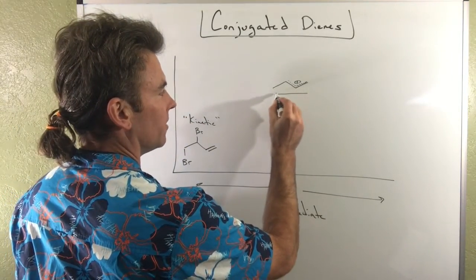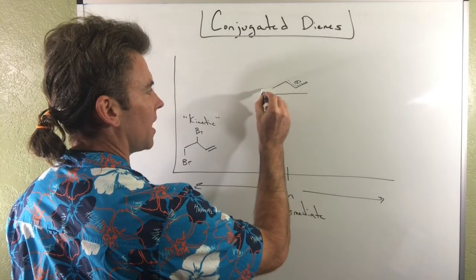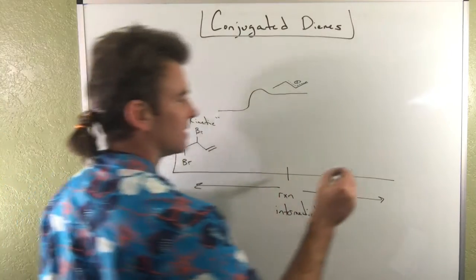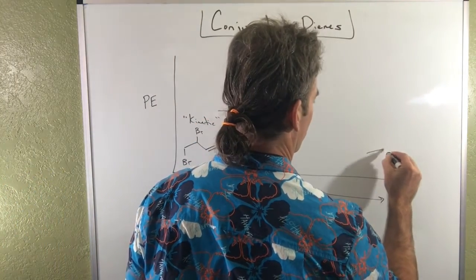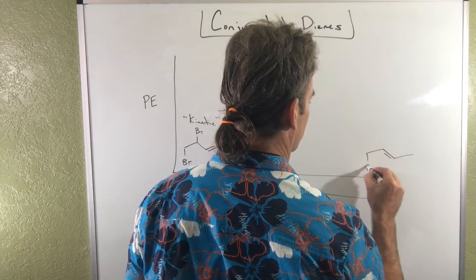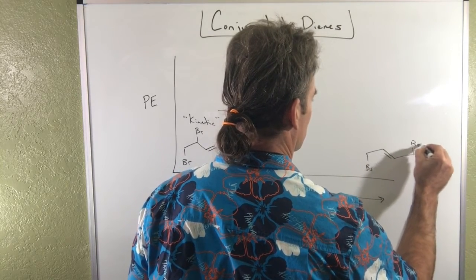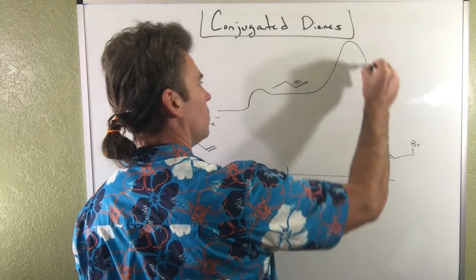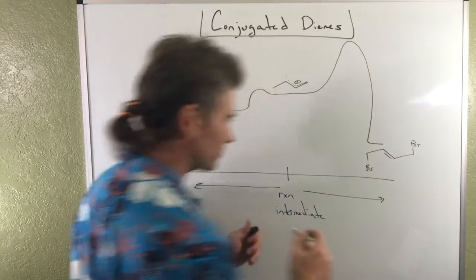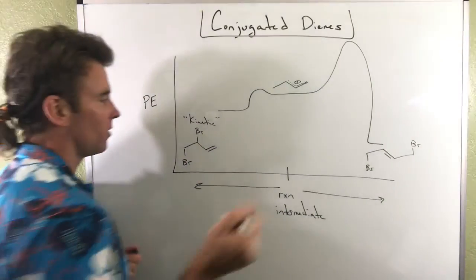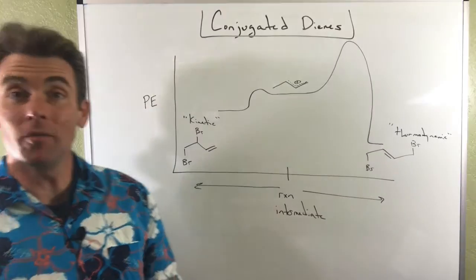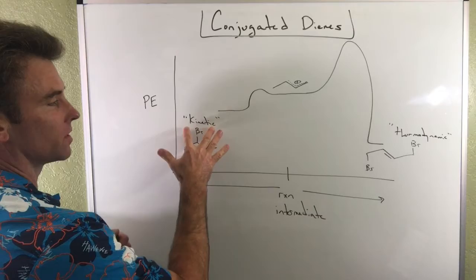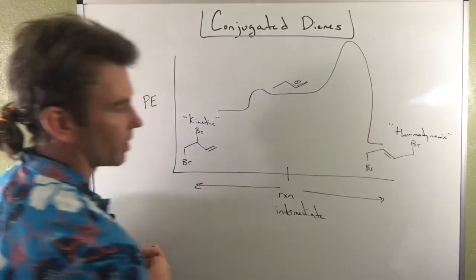And what I'll do here is just a tiny little bump, and then I'll only go down to there, right? Whereas on this side, where we're going towards that 1,4 or thermodynamic product, what I'm going to do is go, woo, boink. And so hopefully doing it that way, oops, I better put thermodynamic on there, really exaggerates the difference between something that I can use kinetic control for and something I could use thermodynamic control for.